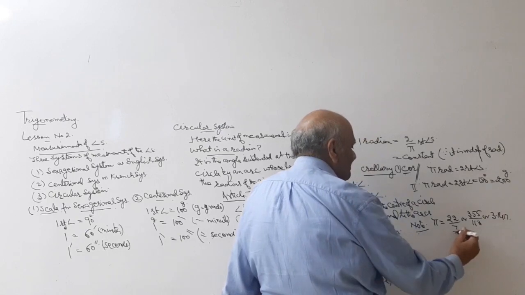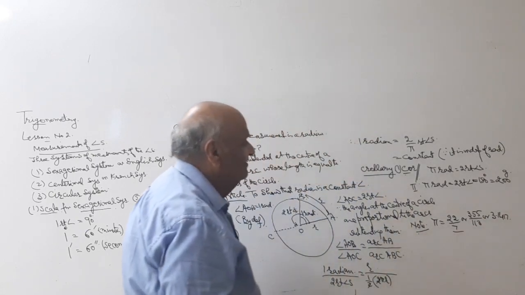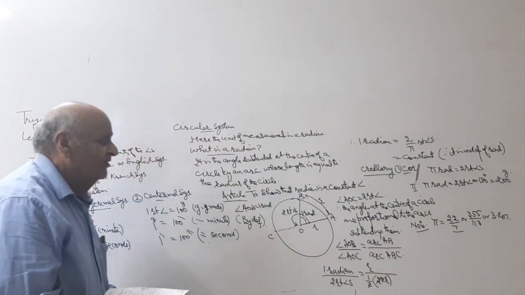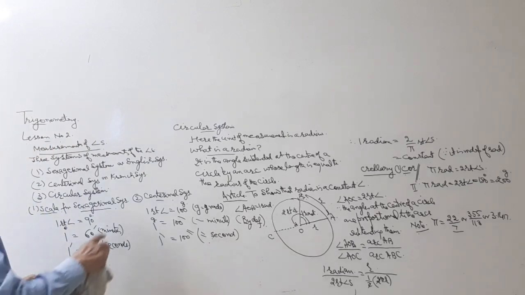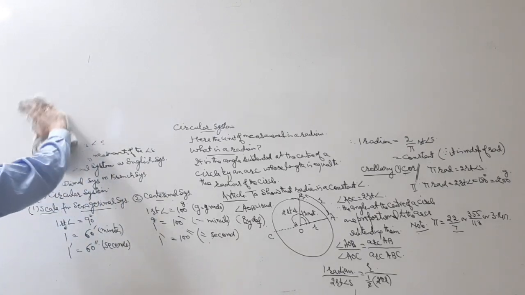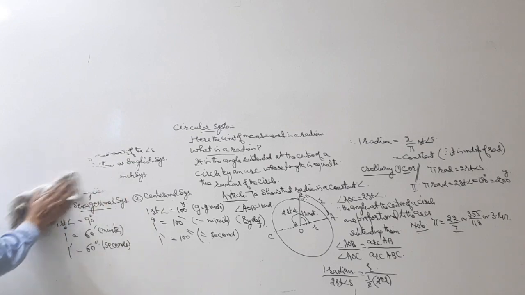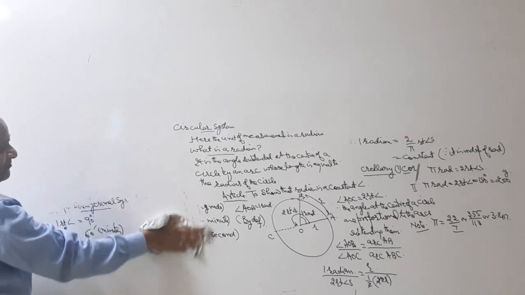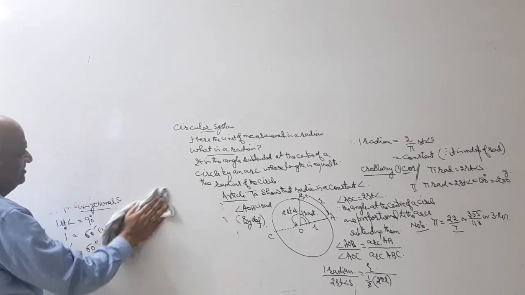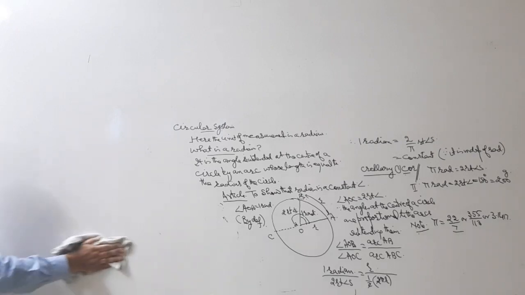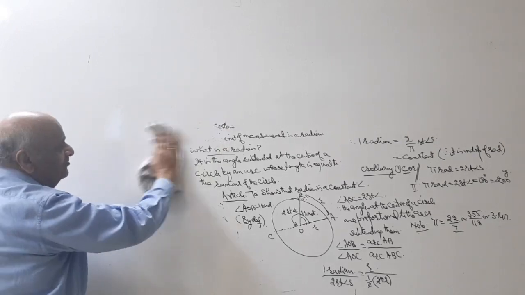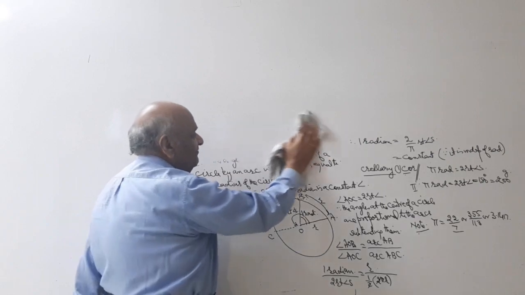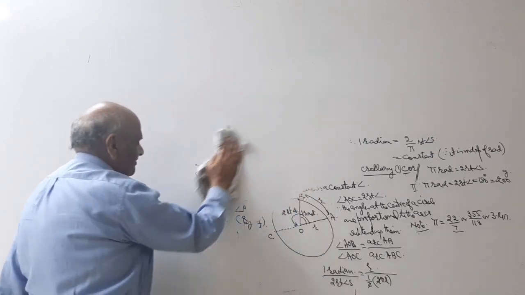But the most common at our level is 22 upon 7. We shall be using this when we study the concepts of trigonometry, the trigonometrical ratios and the measurement of angles in circular system.